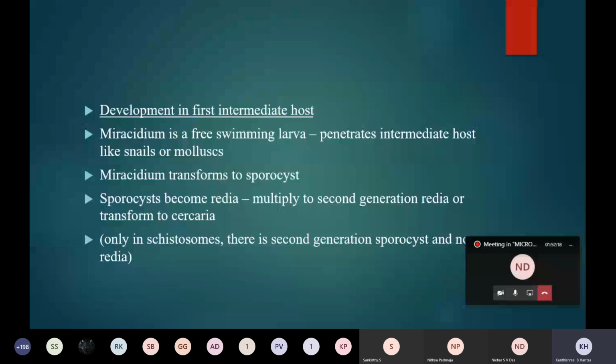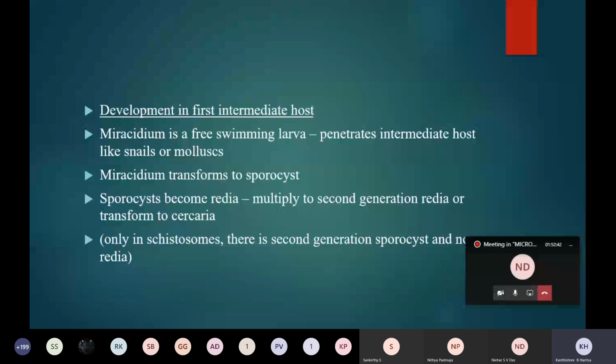So development in the first intermediate host. Miracidium is a free living larval stage. It penetrates the intermediate host like snails and mollusks. Then it transforms to sporocyst.